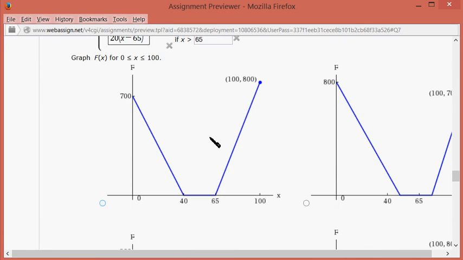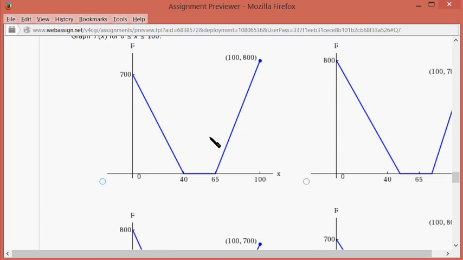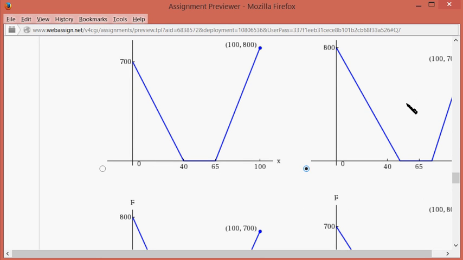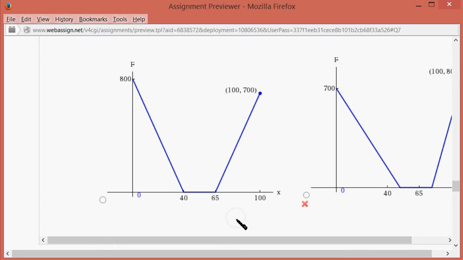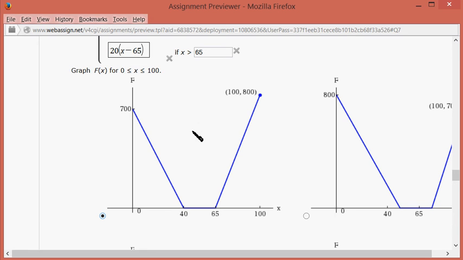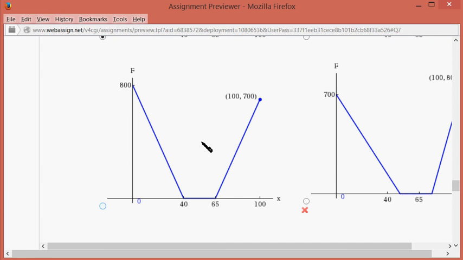It looks like between 40 and 65 it has to be 0, so this is promising. Not this one, because you can see that from 40 to 65 it's not 0. So it's going to be either this one or this one right here.